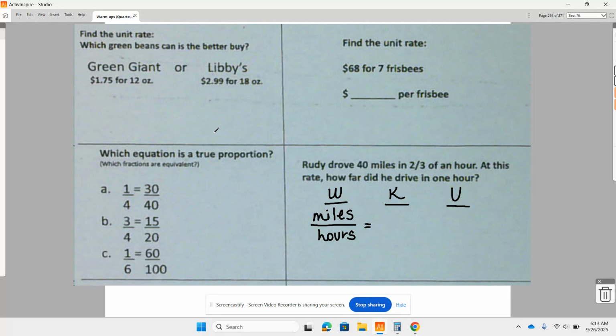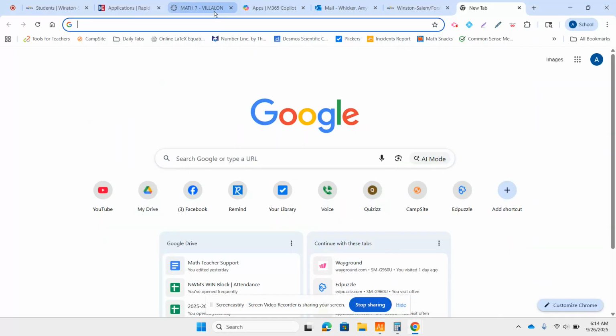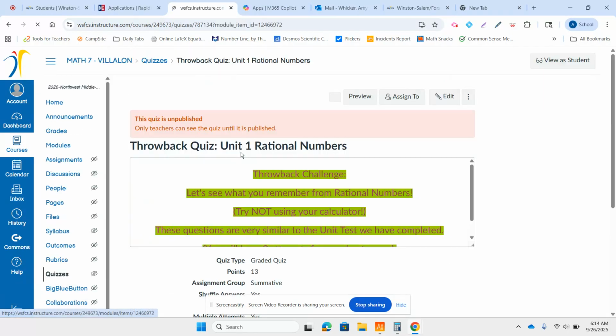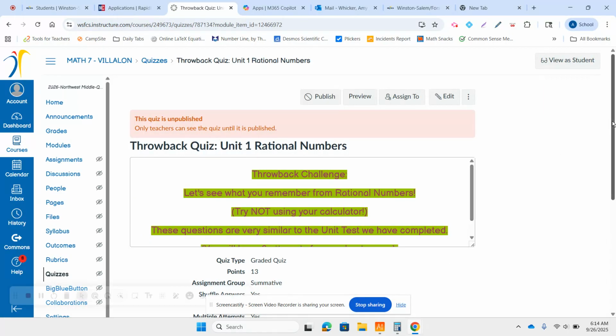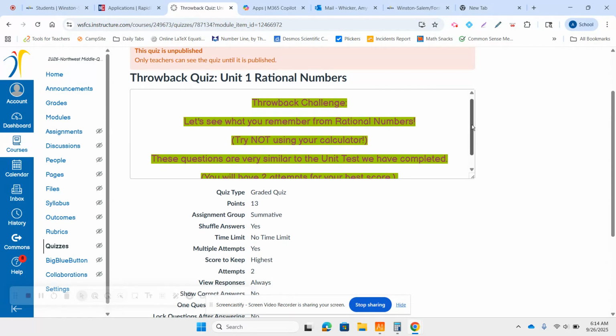Okay, so this is one of your activities we want you to do today. There's going to be one more activity that we want you to do in Canvas, and we want you to use the back of this paper for your scratch work. So in your Canvas today, you are going to see a throwback quiz on rational numbers. So again, use the back of your tic-tac-toe paper for your scratch work, but look at the instructions.